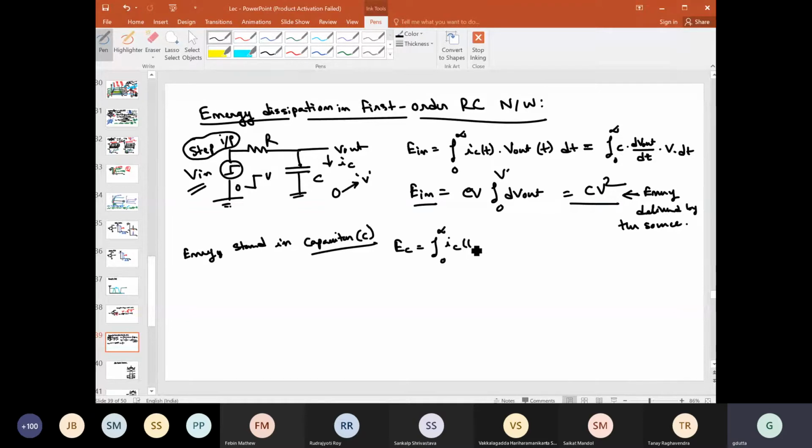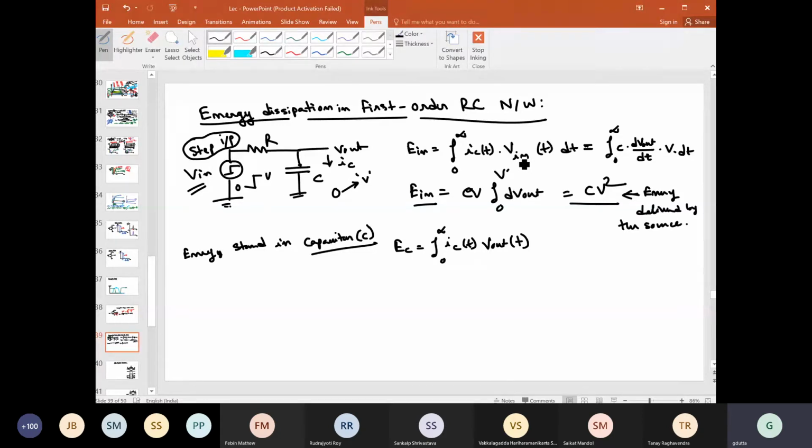So it is IC of t, right? Again, this is V out. I had made a small mistake here. It will not be the V out here, but it will be the V in, right?